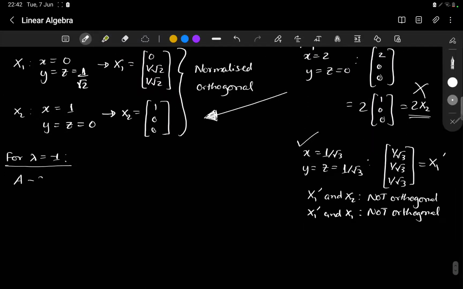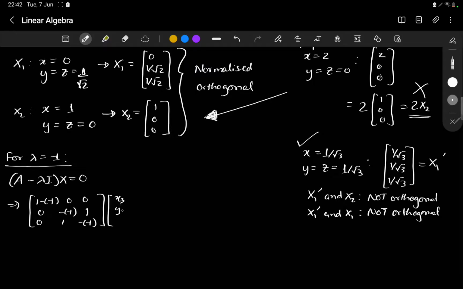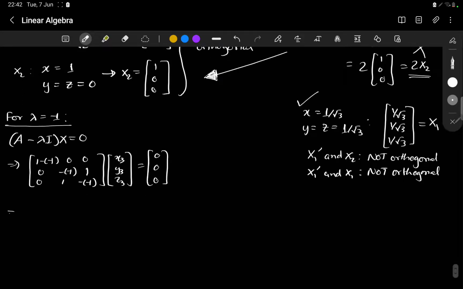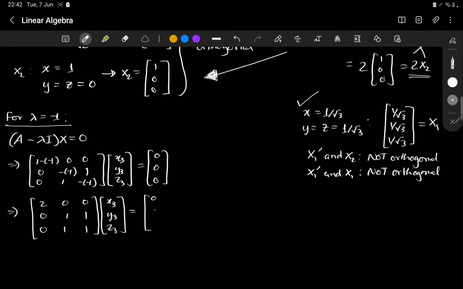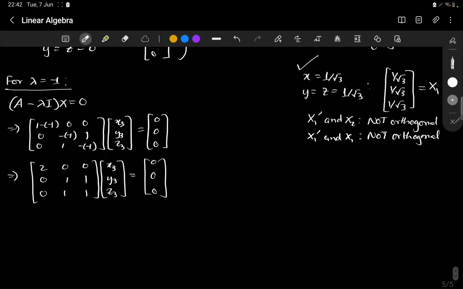So again, let us write the augmented matrix form.